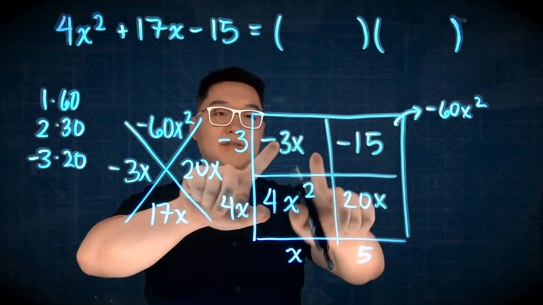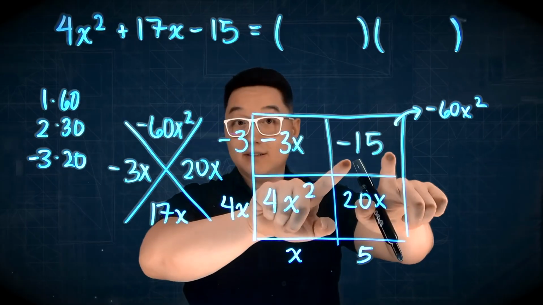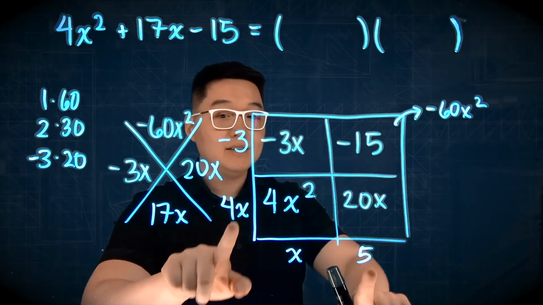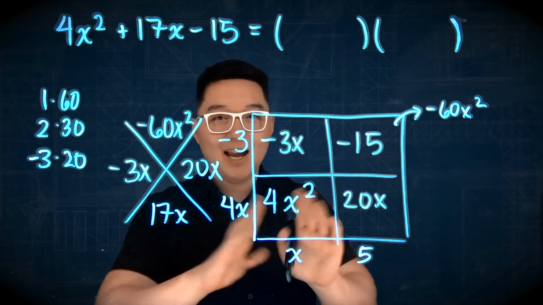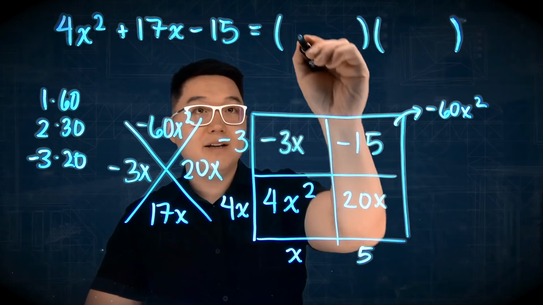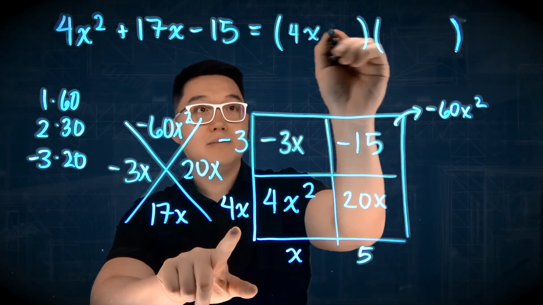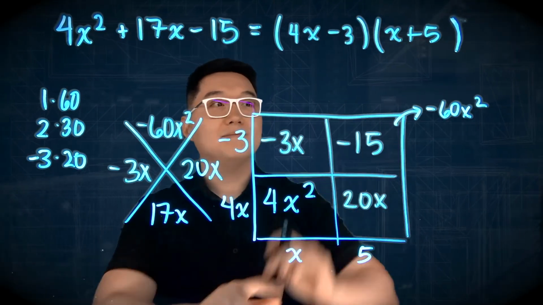Negative 3 times x gives us negative 3x. Negative 3 times 5 does in fact give us negative 15. And last but not least, 4x times 5 in fact gives us 20x. So everything works out. So let's go ahead and write the area as a product. 4x minus 3 times x plus 5. And there you go.